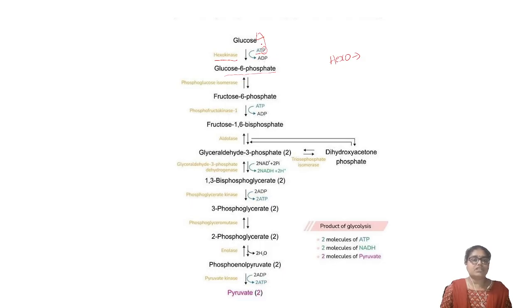This is the first step of glycolysis, and it is always a forward reaction. It never goes in reverse. Since energy is expended here, it is an irreversible reaction.